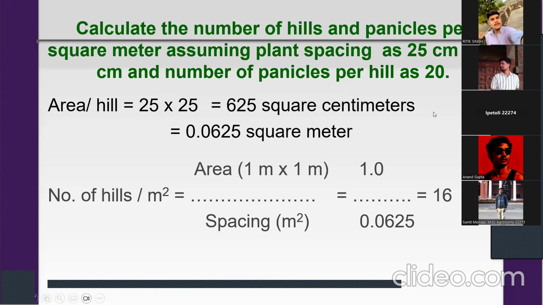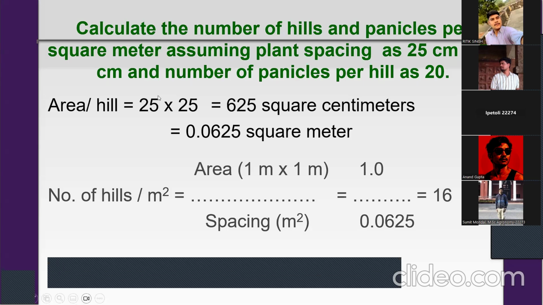Calculate the number of hills and panicles per square meter, assuming plant spacing as 25 into 25 centimeter and number of panicles per hill as 20. We discussed in the beginning, we need to know how much area is occupied by a single hill or single plant at one place. So area per hill: the spacing from row to row is 25 and plant to plant is 25.